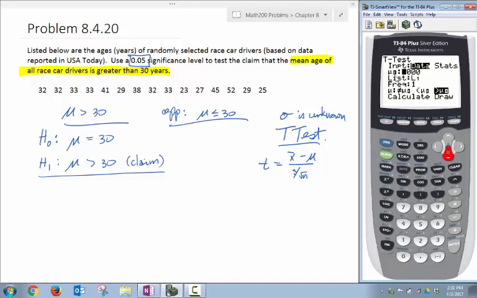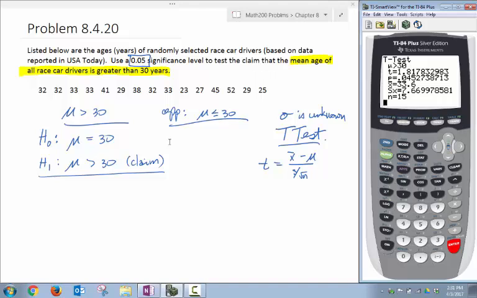My mu sub 0 is our null hypothesis, that's going to be 30. My list is in L1, and the frequency is going to be 1. The alternative hypothesis is a greater than sign, which means this is going to be a right tail test. We go to calculate.